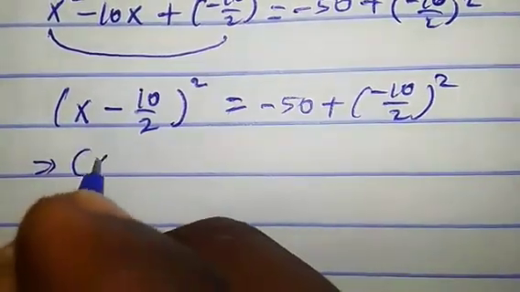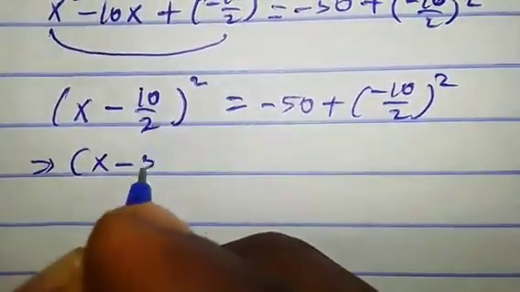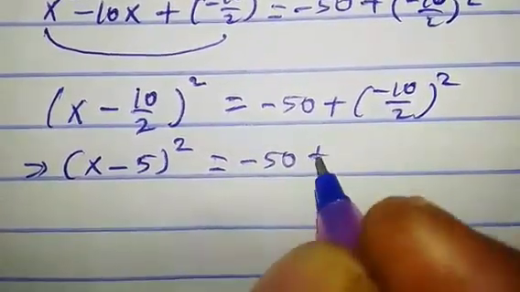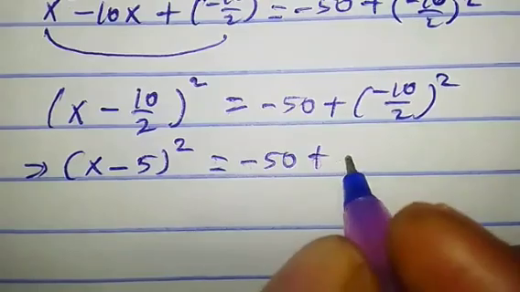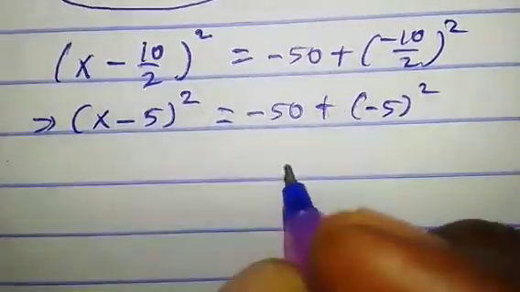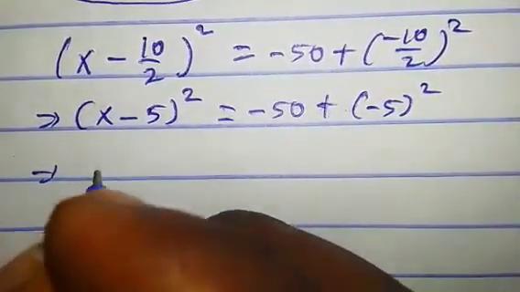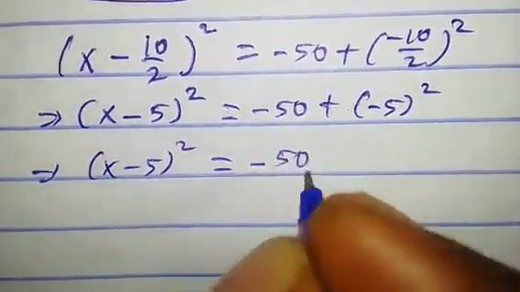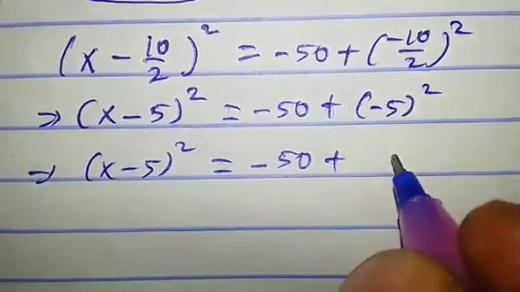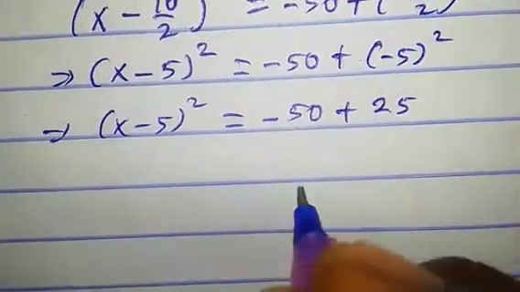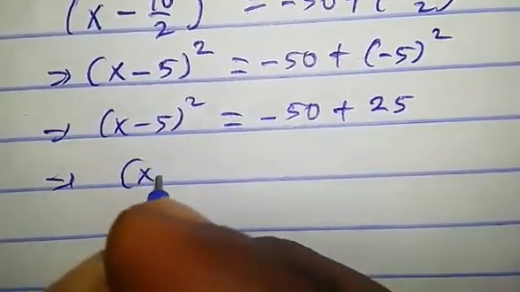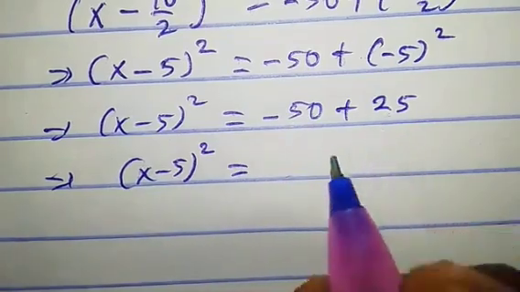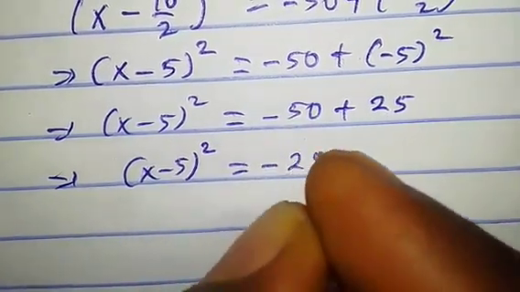This implies that (x − 10/2, that is 5)^2 equal to −50 + (−10/2, that is −5)^2. So (x − 5)^2 equal to −50 + (−5)^2, that is 25. This means that (x − 5)^2 equal to −50 + 25, that is −25.